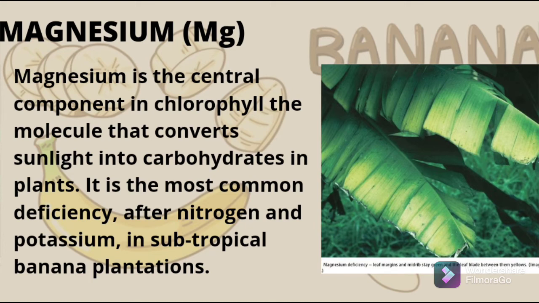Magnesium regulates the uptake of other nutrients, and it also plays a role in drought and disease resistance. Large applications of potassium reduce the amount of magnesium available to the plant and can induce magnesium deficiency. Magnesium deficiency usually occurs in old plantations with light texture soil.